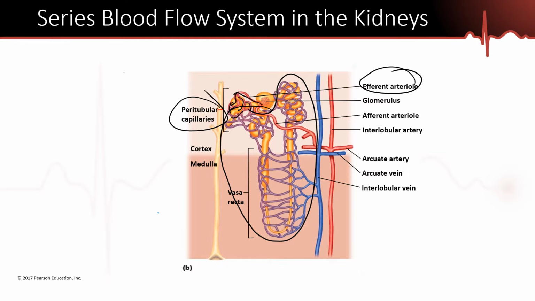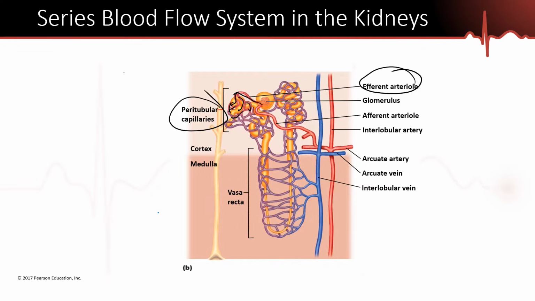What the peritubular capillaries are is a capillary bed that exists around the entire nephron. It's a series of capillaries that exists around the proximal convoluted tubule, the loop of Henle, and the distal convoluted tubule. And this capillary bed is formed from the efferent arteriole. So what's the point of having these capillaries lie next to the nephron?